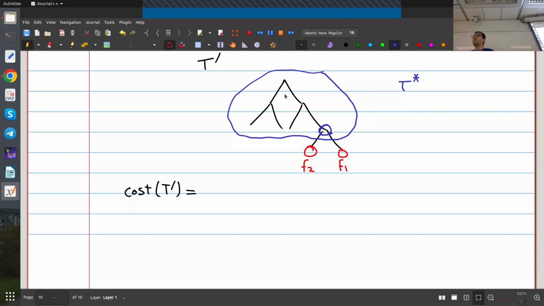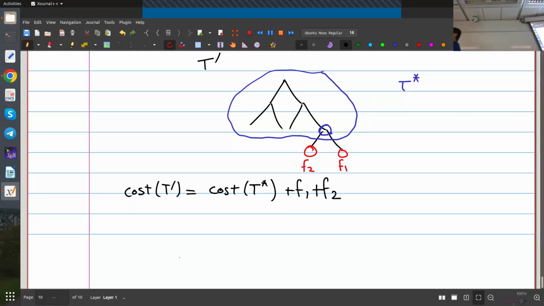So I'm just saying on your optimal solution, I do this. Now, I can write the cost of T prime based on the cost of T star, right? What is the cost of T prime based on the cost of T star? It's just the cost of T star plus F1 plus F2.